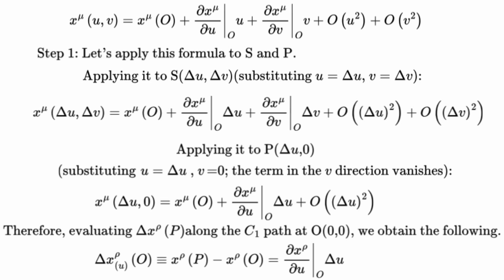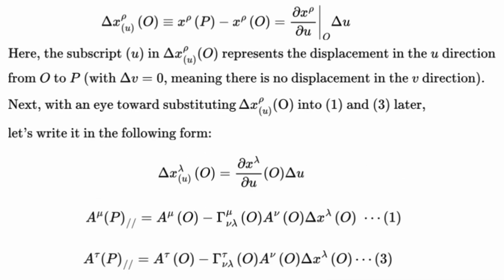Therefore, evaluating δx^ρ of P along the C1 path at the origin O, we obtain the following. Here, the subscript u in x^ρ_u at O represents the displacement in the u direction from O to P, with δv equals 0, meaning there is no displacement in the v direction. Next, with an eye towards substituting x^ρ_u at O into 1 and 3 later, let's write it in the following form.